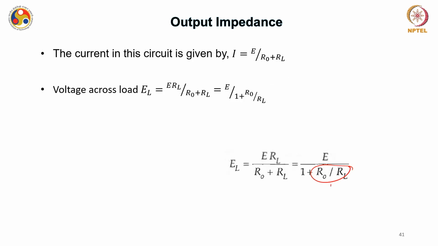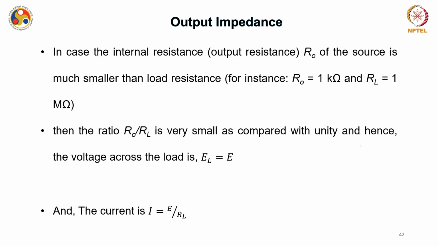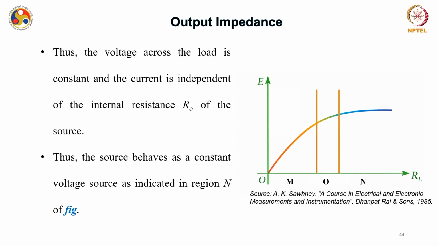If this term is very small, you can say that EL is equal to E, and the current that is flowing is E by RL. Thus, the voltage across the load is constant and the current is independent of the internal resistance R0 of the source. So, the source behaves as a constant voltage source, as indicated here in the region N, right.